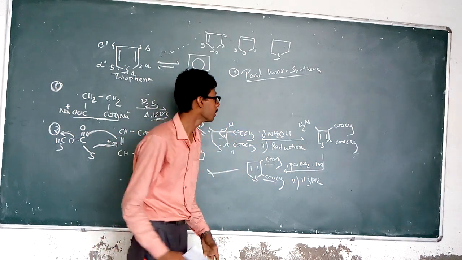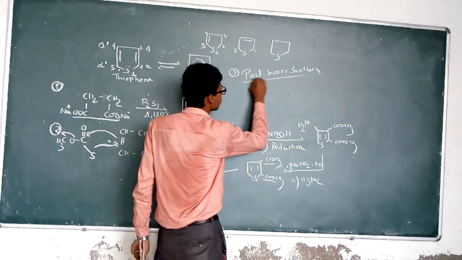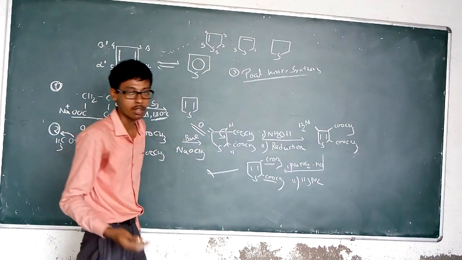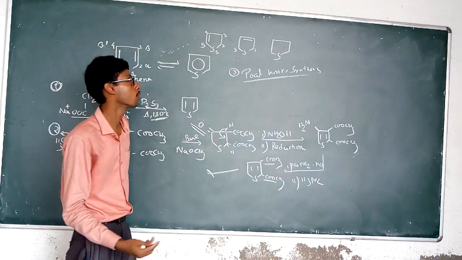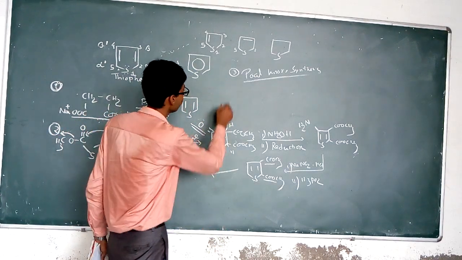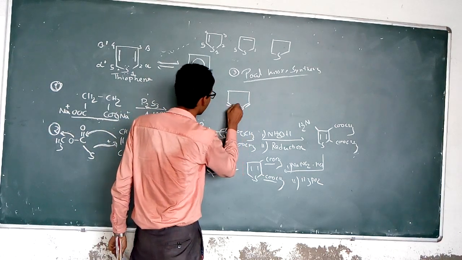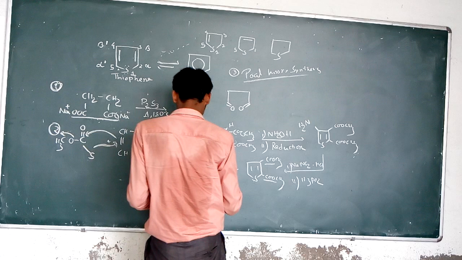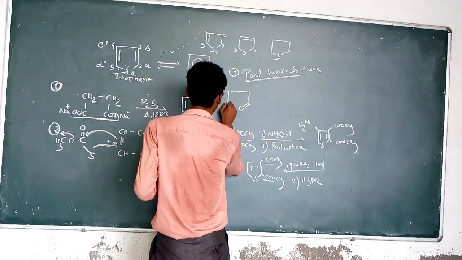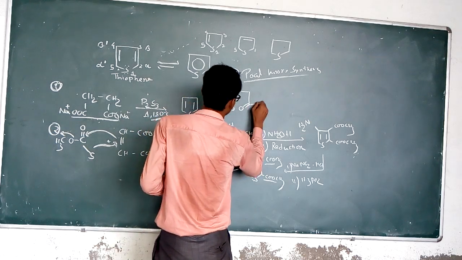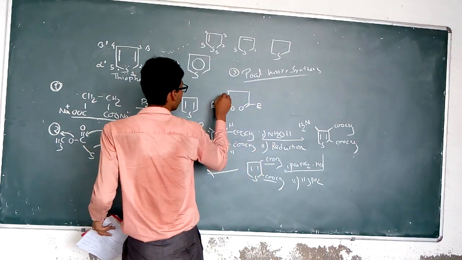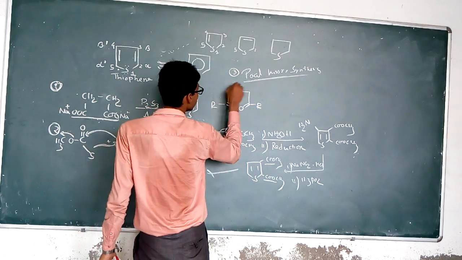And the third synthesis is known as the Paal synthesis. Furan is also synthesized by this method. Here we are taking a 1,4-dicarbonyl compound, 1, 2, 3, 4.